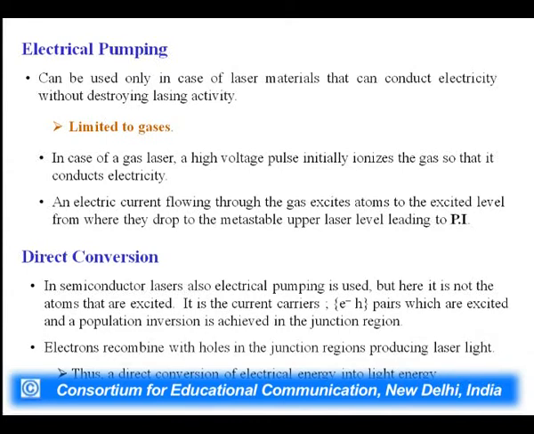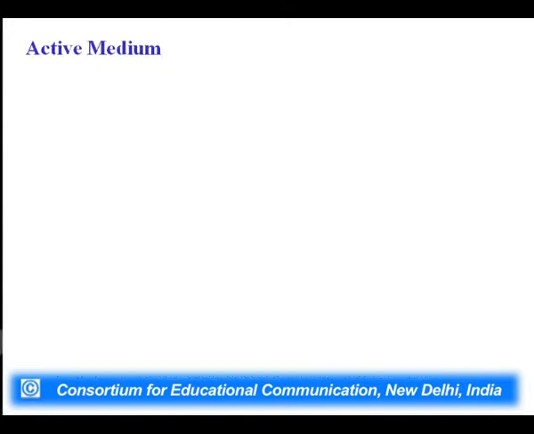Electrons recombine with the holes in the junction region, producing laser light. Thus, a direct conversion of electrical energy into light energy takes place in the semiconductor laser, and holes and electrons are used for the pumping.